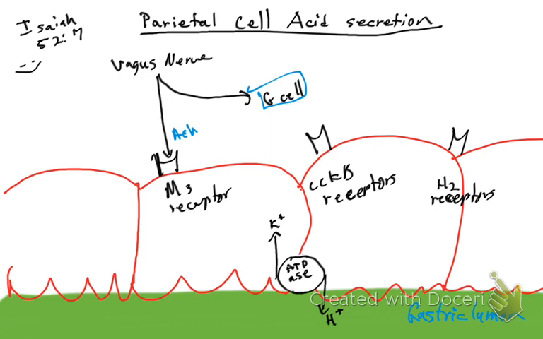Let's continue here. You receive the stimulation by the vagus nerve, it goes with the acetylcholine to the M3 receptors, we are here, and then this M3 receptor is going to stimulate, so we put this positive sign, the hydrogen potassium ATPase pump.